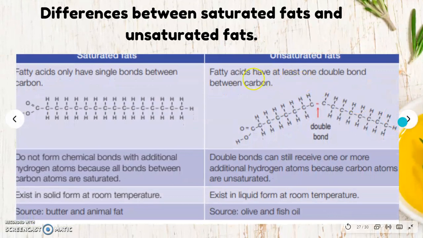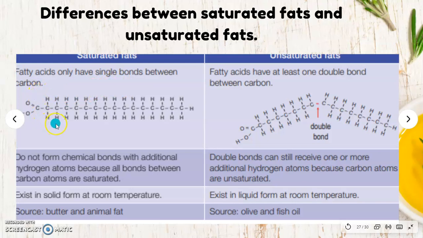Okay, we go to the differences between saturated fat and unsaturated fat. What are their differences? First, in saturated fat, the fatty acid only has single bonds between the carbons.